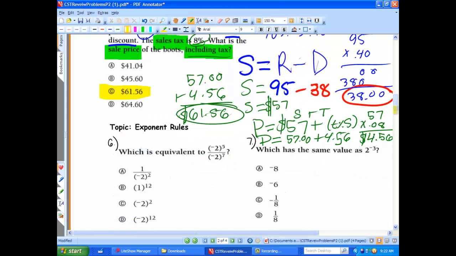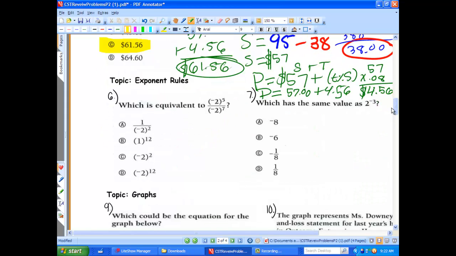Moving down to exponent rules, which is equivalent. Our base for each of our powers is -2. And then since we have a quotient, remember a quotient is in ratio form or a fraction, we're going to use the quotient rule, which means we're going to subtract exponents.